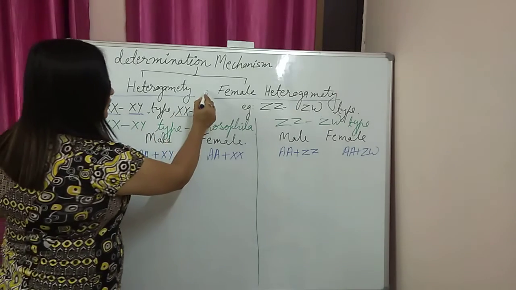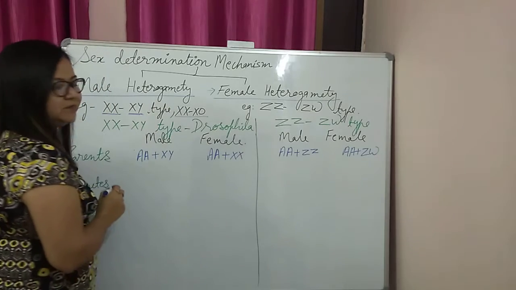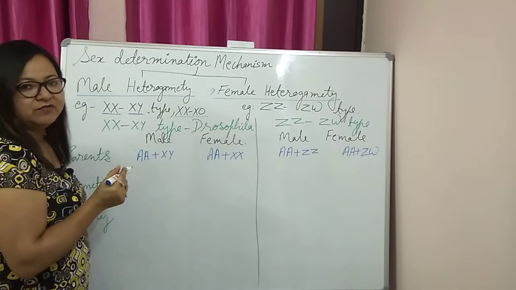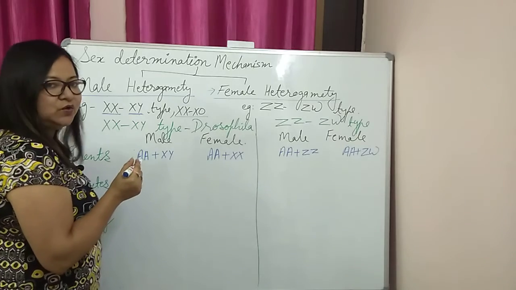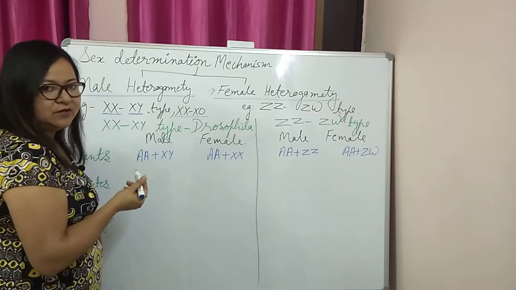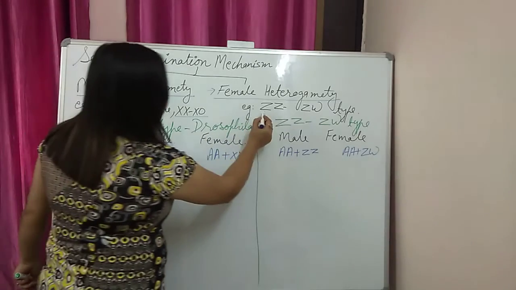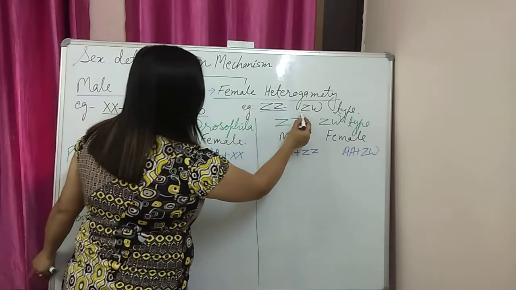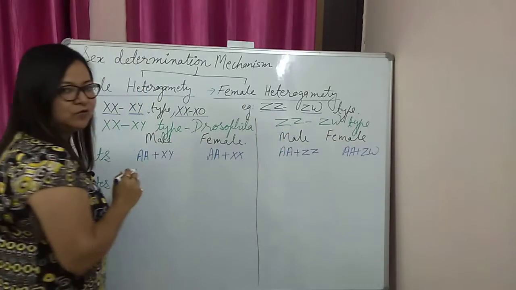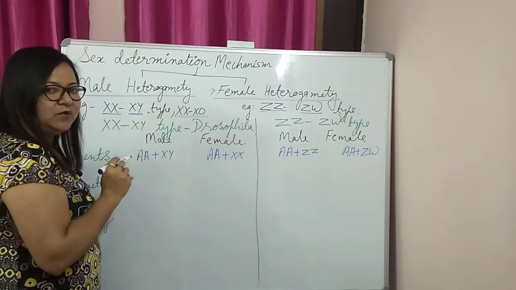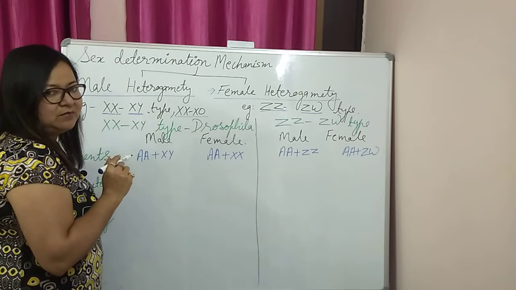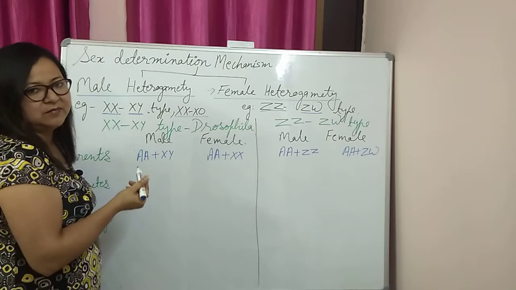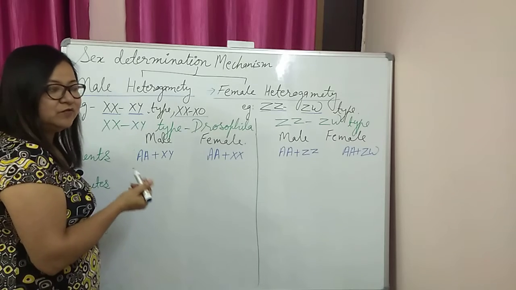If we talk about female heterogamety, the female produces two different types of gametes due to the difference in sex chromosomes. Here the male has similar chromosomes but the female has two different sex chromosomes. That's why it forms two different types of gametes. So definitely the sex will be determined by the gamete of the female.